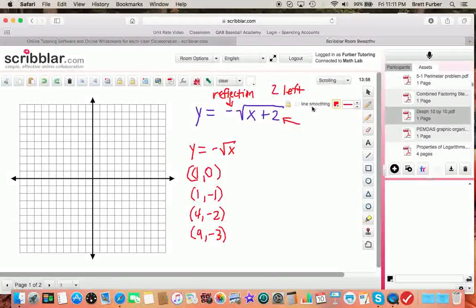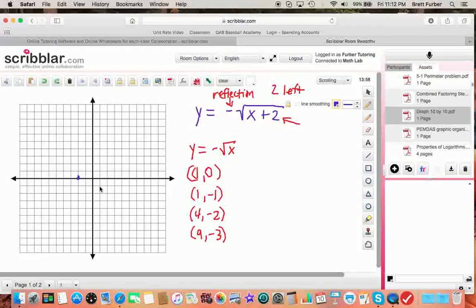So when I get ready to do this, I'm going to do that first. Put my finger, my cursor, your pencil, whatever you're using, on that point, and then shift it 2 to the left. So 0, 0, it's here. I'm just going to shift it 2 left. It's going to end up there. But 1, negative 1 is originally here.